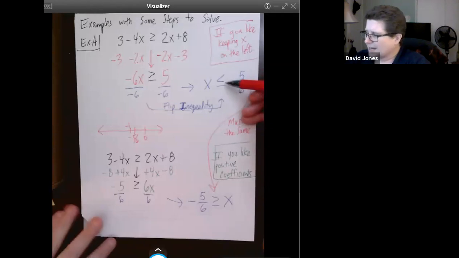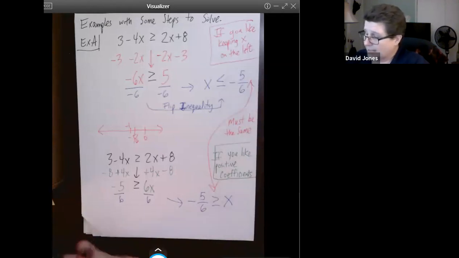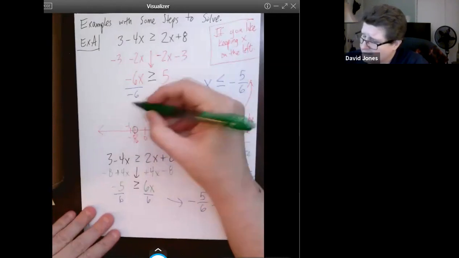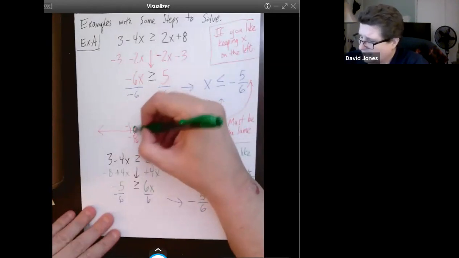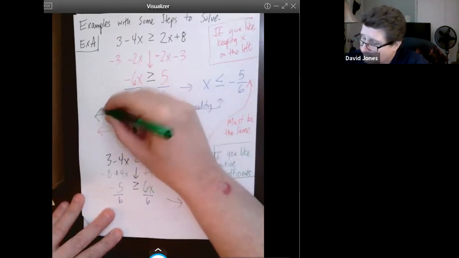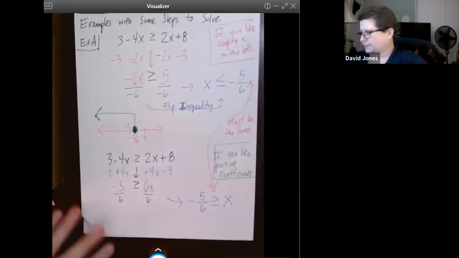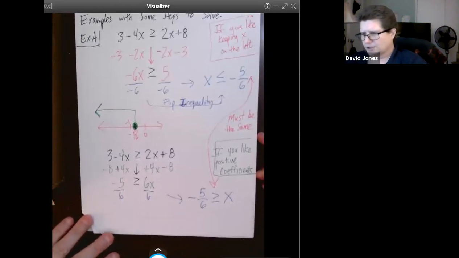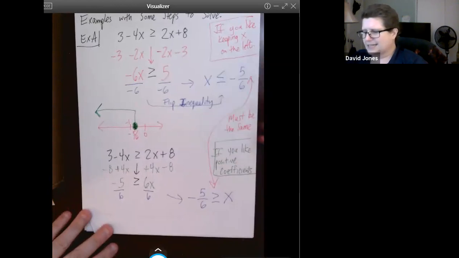With the x on the left, it's the arrowhead, right? We talked about that. So I put a circle on the negative 5/6, fill it in, and point an arrow to the left. So the shading's easy to do when you have x on the left.